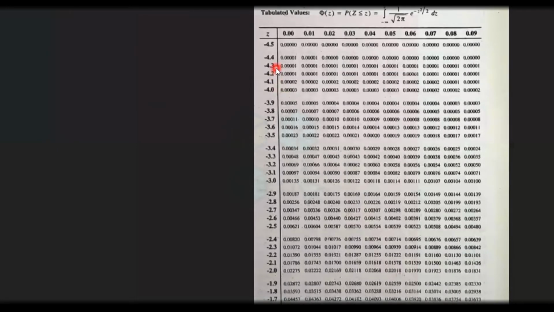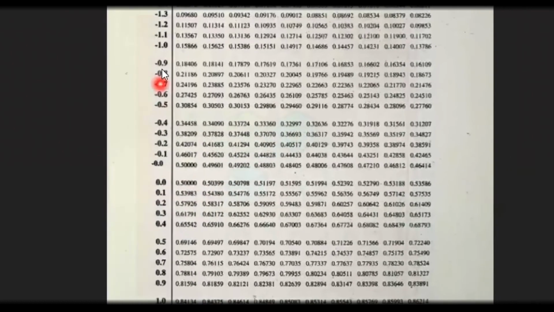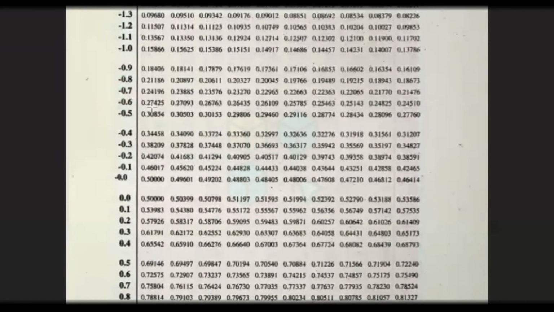Minus 0. Not on this page, next page, minus 0.5 is this one. If I draw a line here, minus 0.5, 6 this one, and 7 this one.